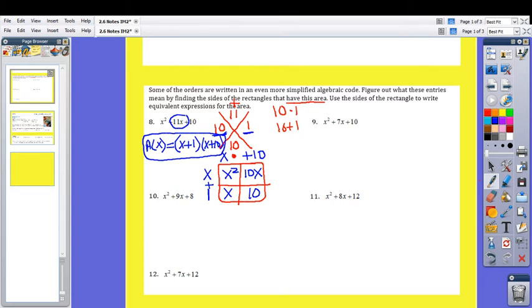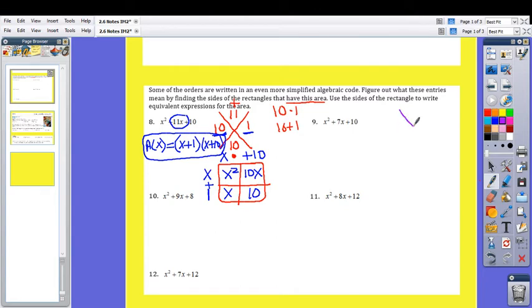Let's do next one. And in that, again, the customer put the quilt, the rectangular quilt area as x squared plus 7x plus 10. Now it's our job to figure out what sides the customer wants for the rectangle.